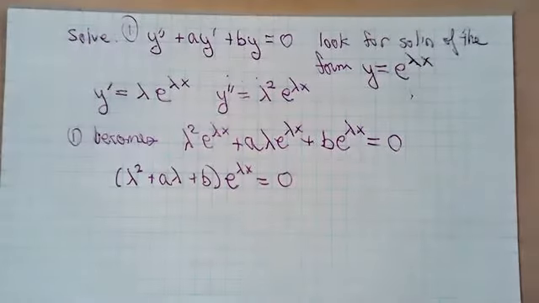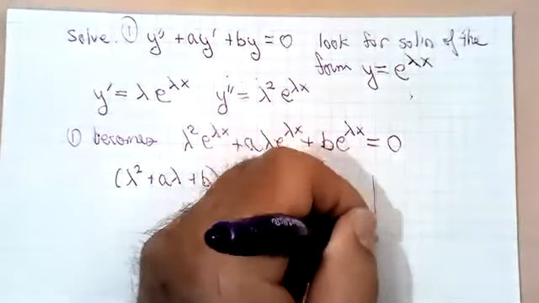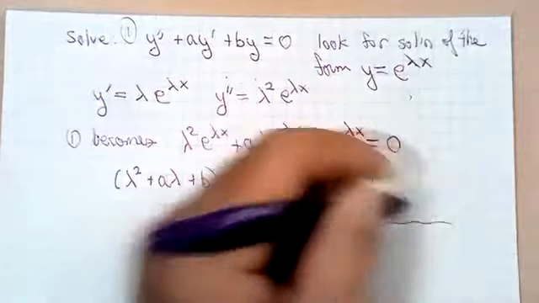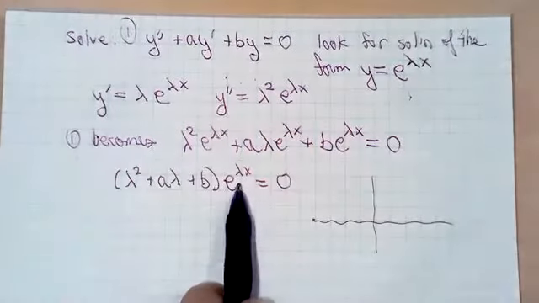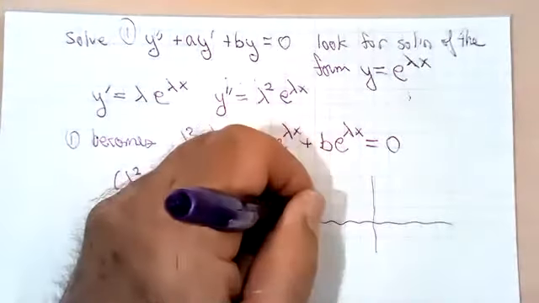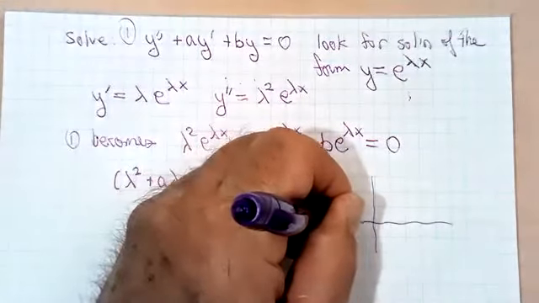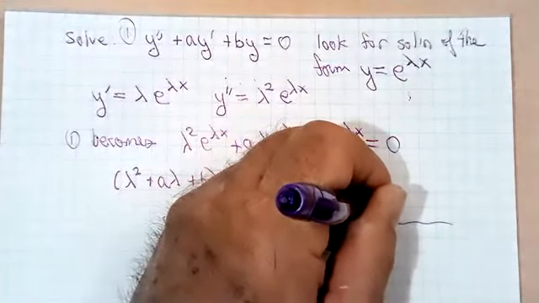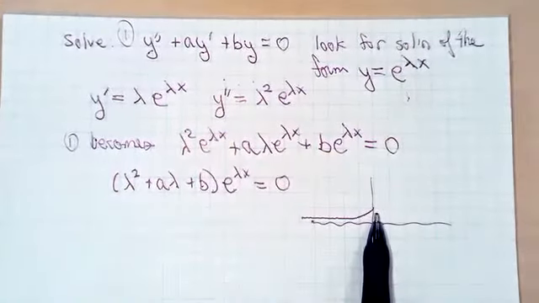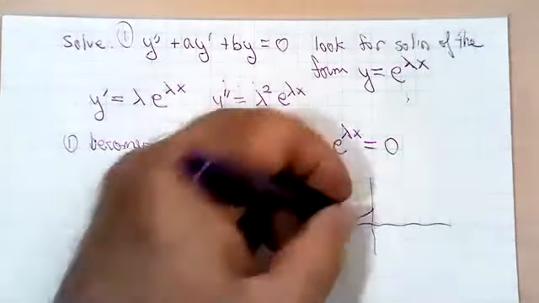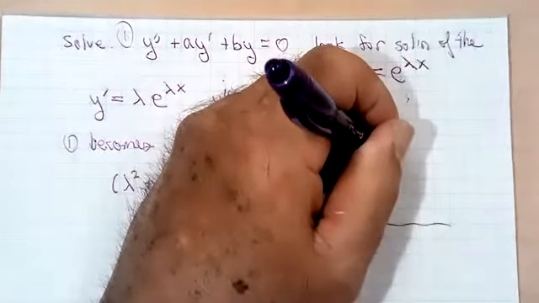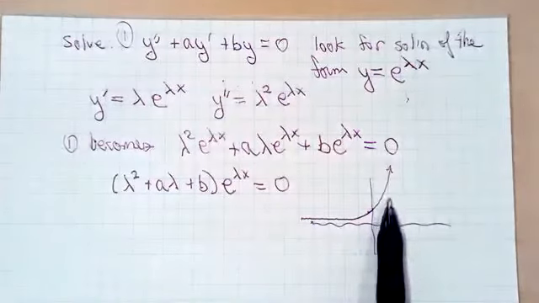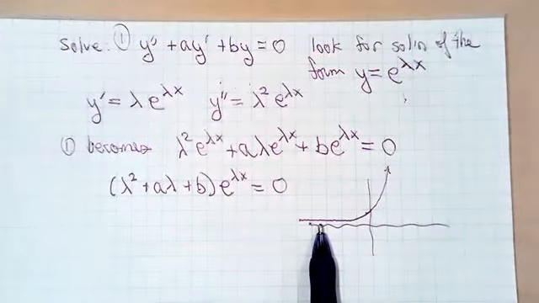Now, exponential functions, you know, their graphs look like this, at least if you have a positive number for lambda. They hover along the x-axis, and then right at x equals 0, their intercept is 1, and then they shoot up very rapidly. But the point is, these things never, ever cross the x-axis.